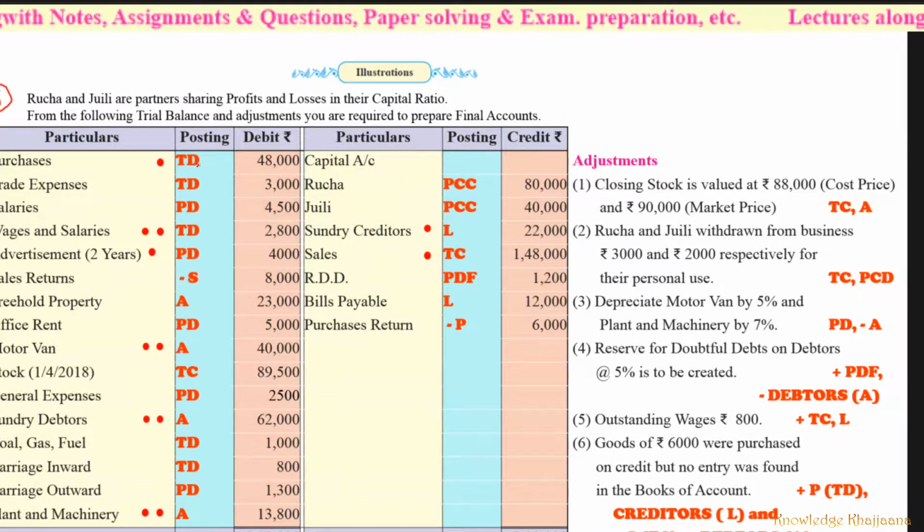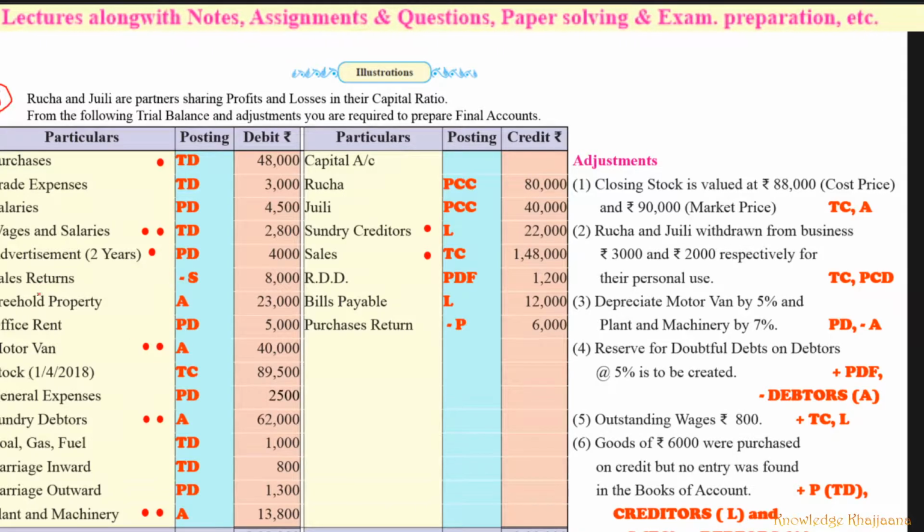Purchases, trading account debit side. Trade expenses, trading account debit side. See, why trade expenses, trading account debit side? In one of the rules which we had seen earlier, if trade expenses are given along with any of the expenses like general expenses, miscellaneous expenses, like that, then trade expenses will go to trading account.